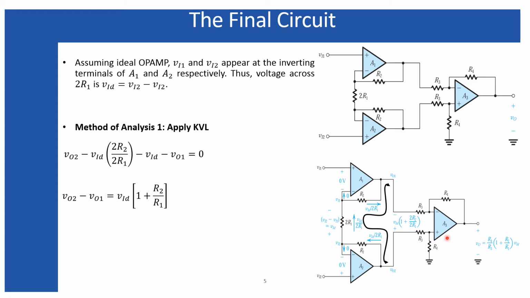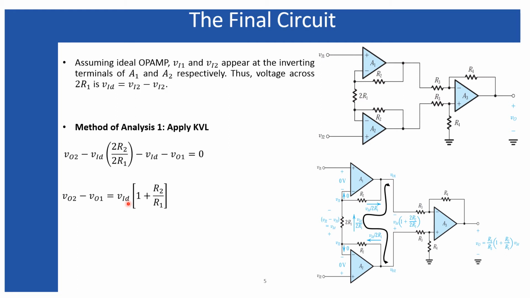This output voltage is not the final output. This is the differential output voltage across these two terminals, and this V02 minus V01 is basically the differential input experienced by this operational amplifier, and this input is related to the original differential input.